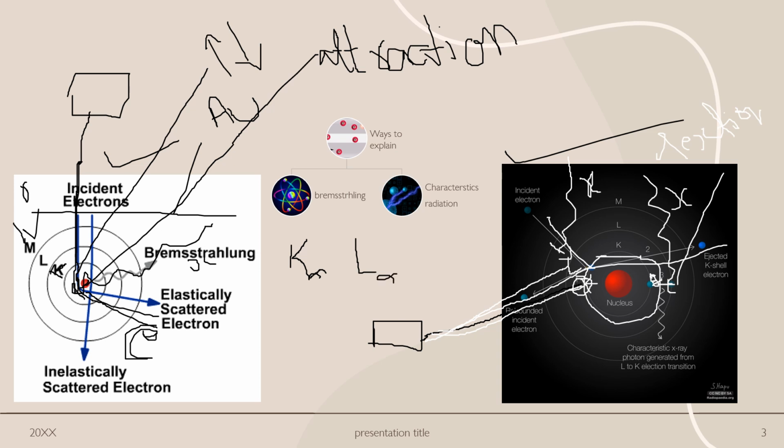If the M shell fills the vacancy of the K shell, we term it beta. If the vacancy of the K shell is filled by the N shell, we term it gamma. These are some different names given to it.